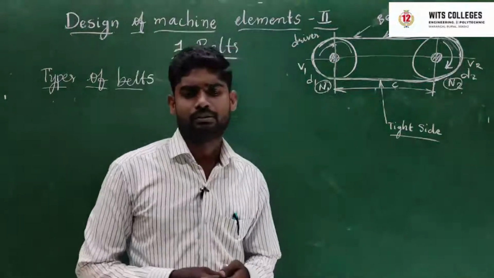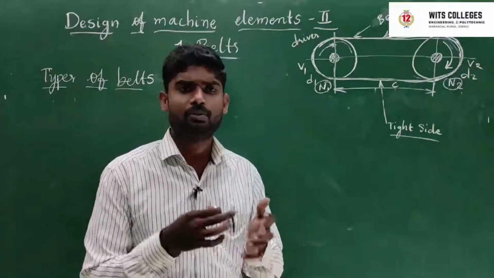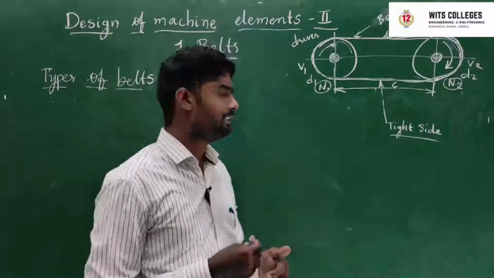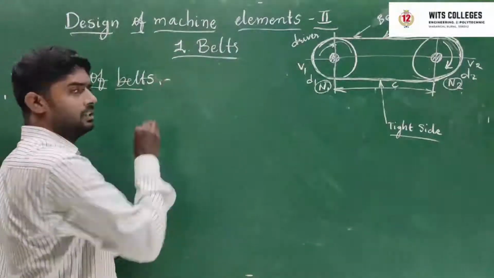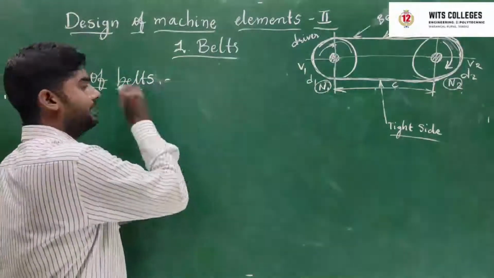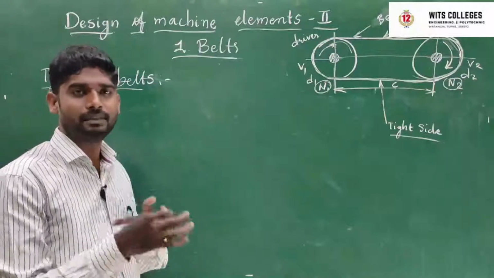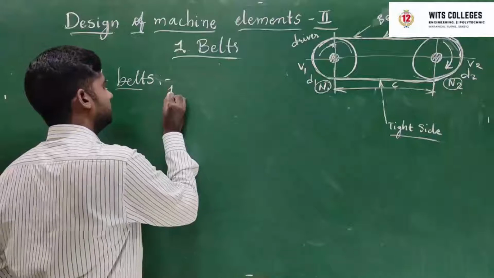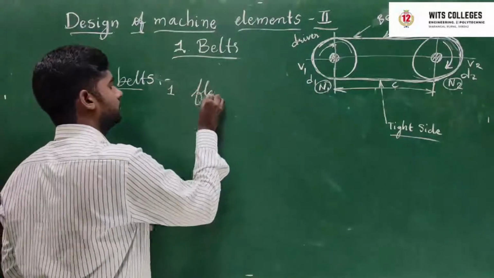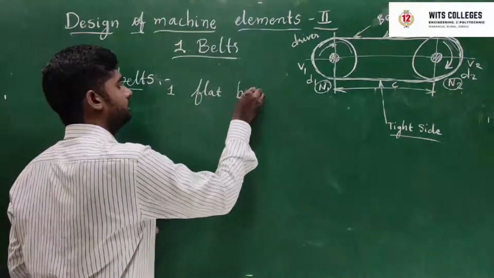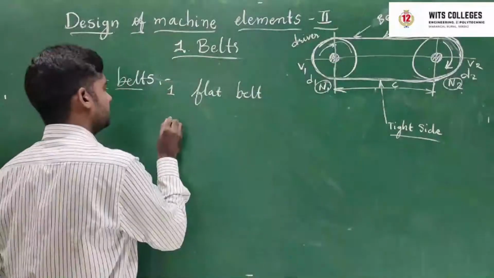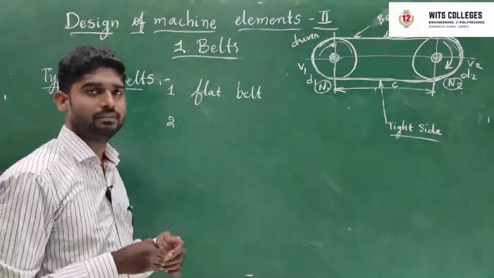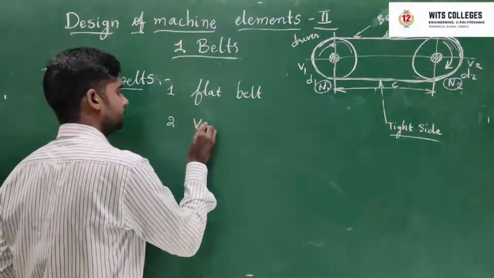Types of belts. Okay, belts are divided into three types depending upon the shape of the belt. The first one is a flat belt. The second one is a V belt.